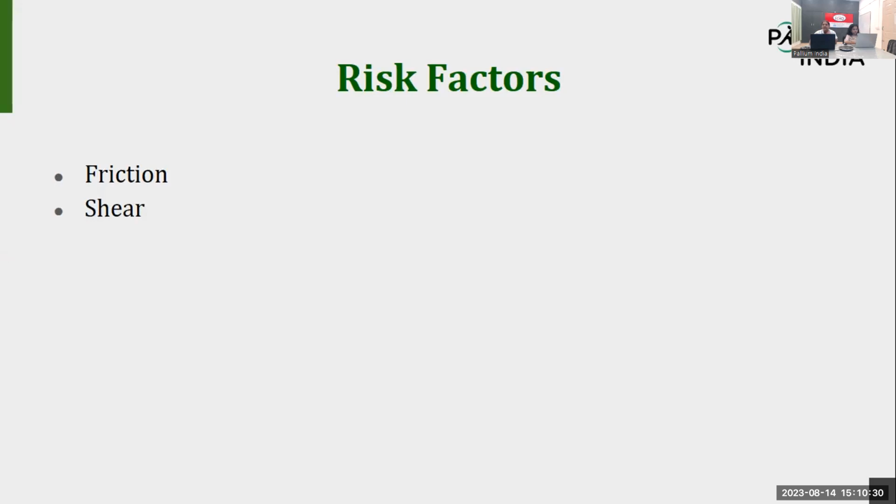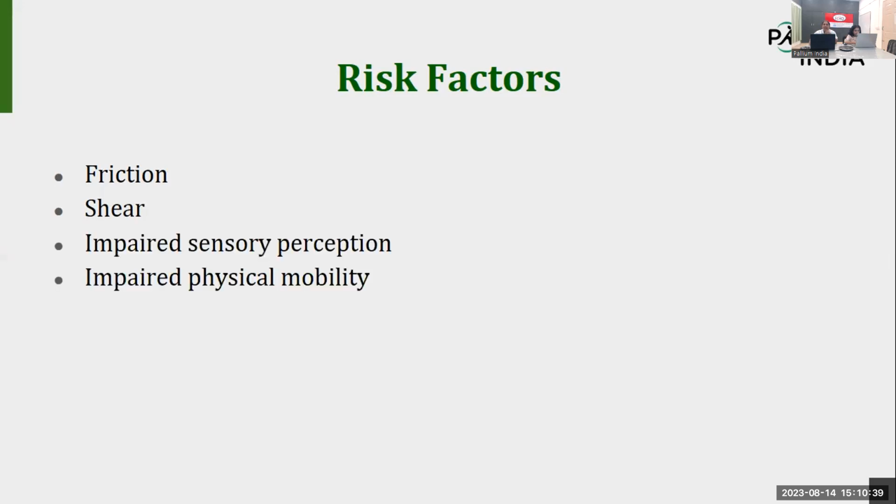So we have to tell them to consider these factors whenever we change the position of the patient or change the bed sheet. Then impaired sensory perception, mainly in trauma paraplegic patients, right? They also have impaired sensory perception, or physical immobility. So these are also risk factors that will lead to pressure ulcer.